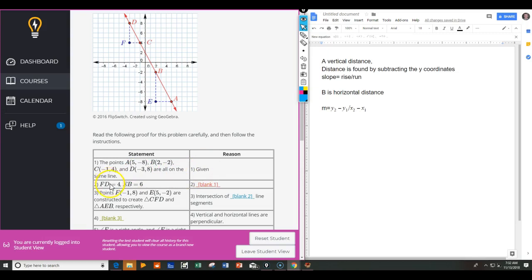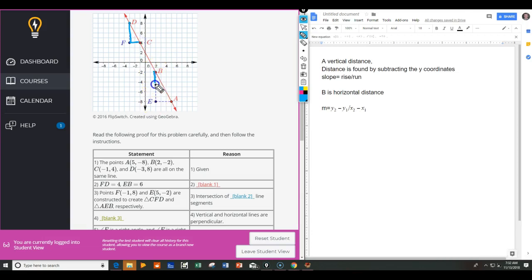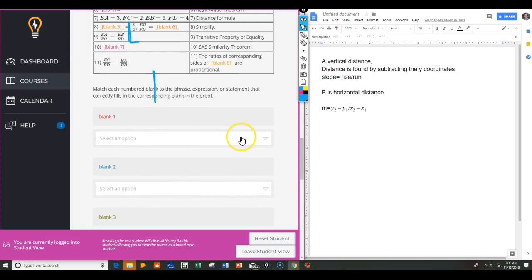That's given. FD is equal to 4 and EB equals 6. Well, again, how do you find the length of a segment, FD and EB? You would have to use a distance formula very similar to what we did in the very first one. So this one is going to be distance formula.